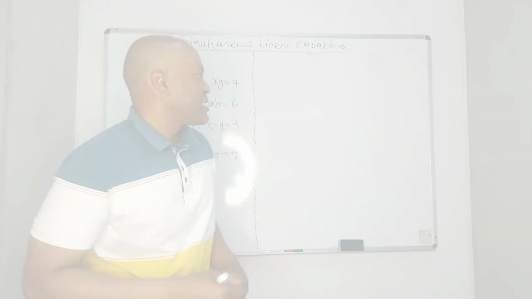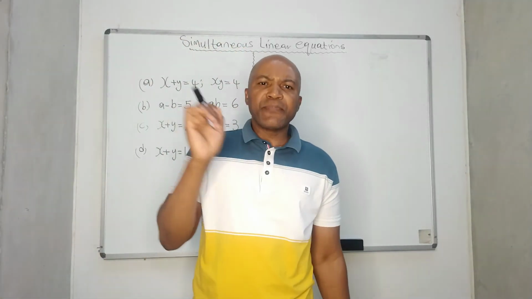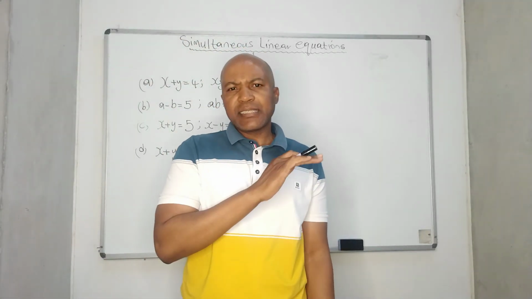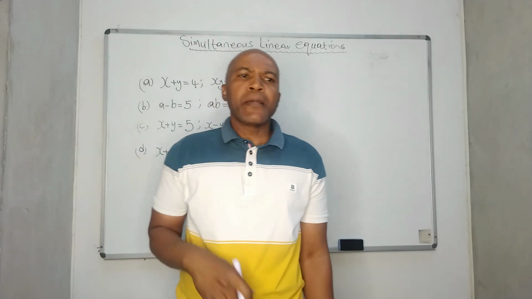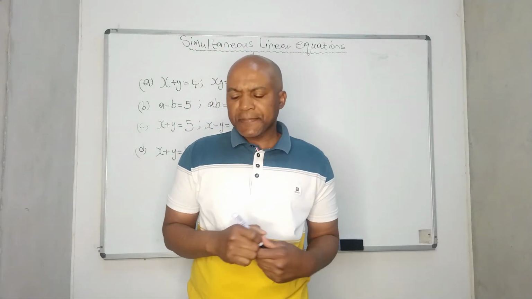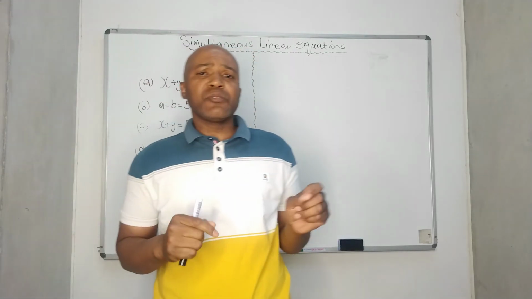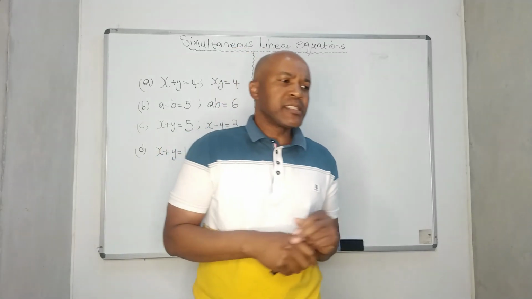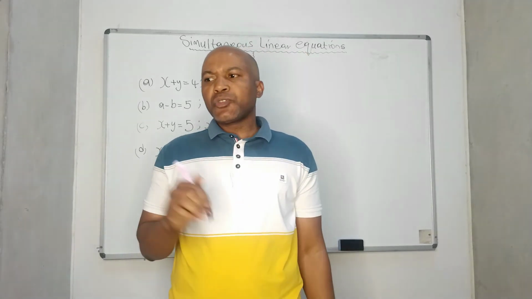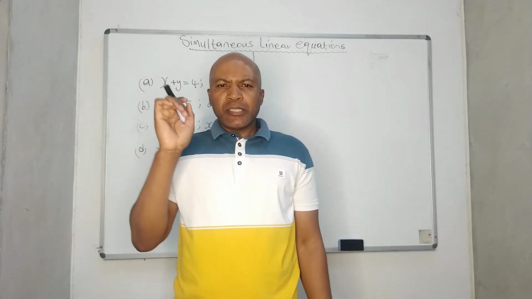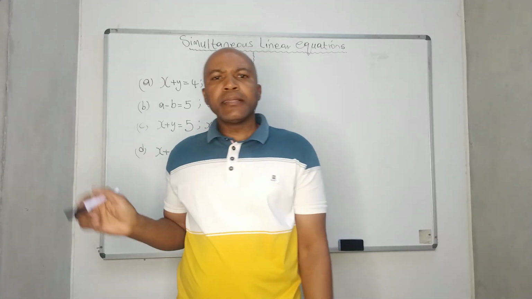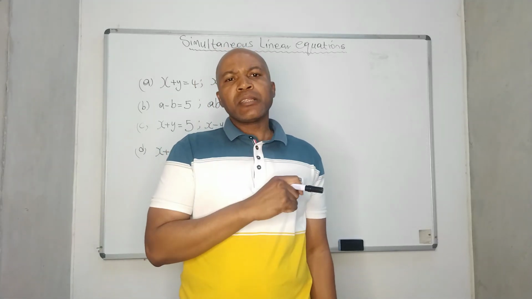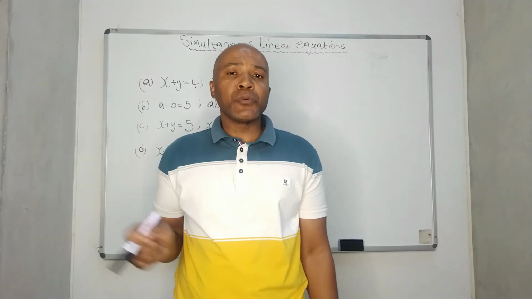Thank you very much. Right, today I'm talking about simultaneous equation. This is a straightforward topic, but what do we do here? In simultaneous equation, you are given two equations. Here you need to name them. Say, for example, equation 1, and the other one you say equation 2.